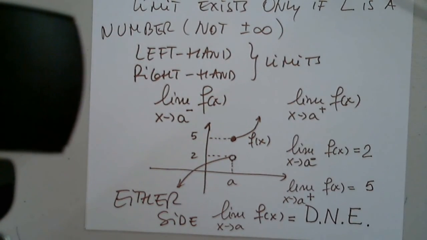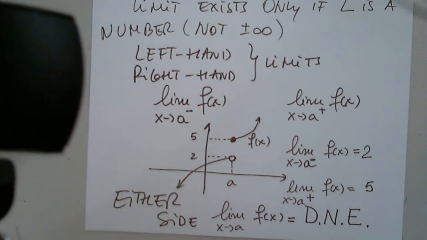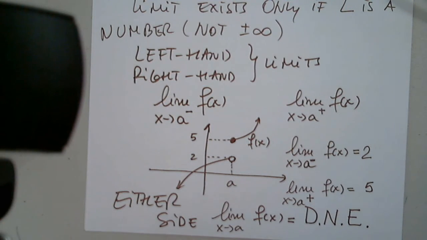I want to share my screen and let's take a look at a few graphs. Okay, so let's take a look at this graph. If I ask what is the limit from either side of 0, what will you say?